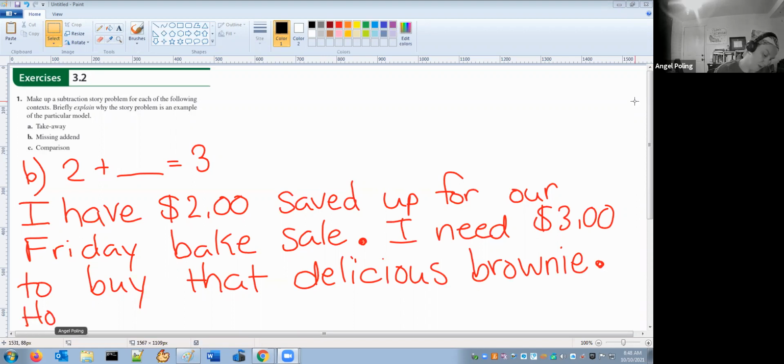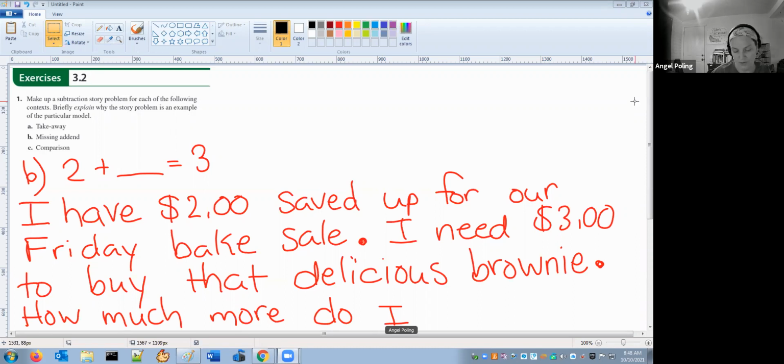How much more do I need? So you're looking for the missing add-in, which is why we have this structure here.